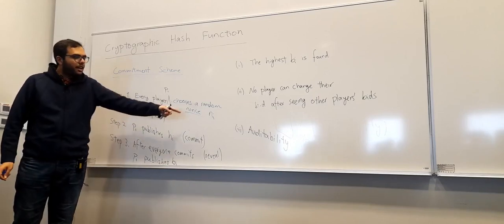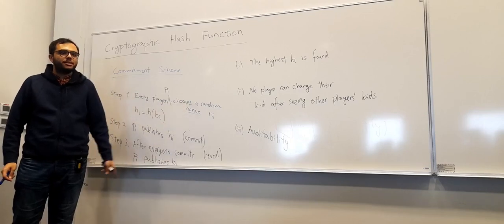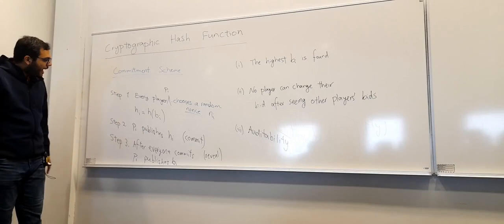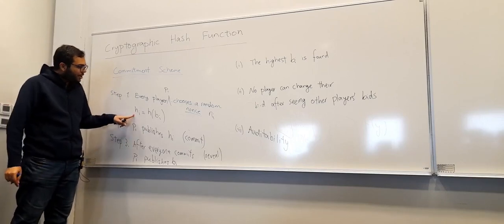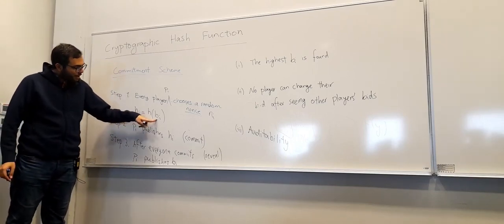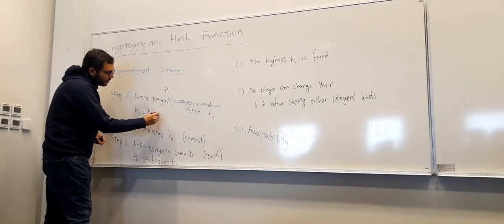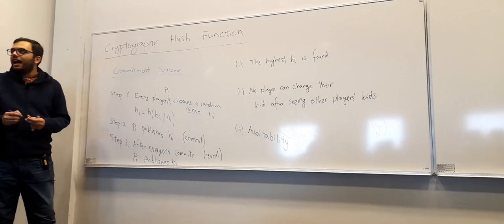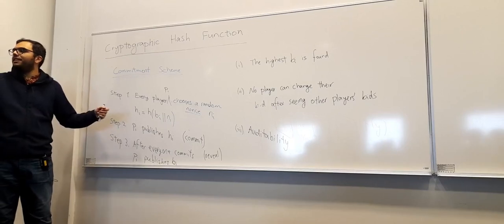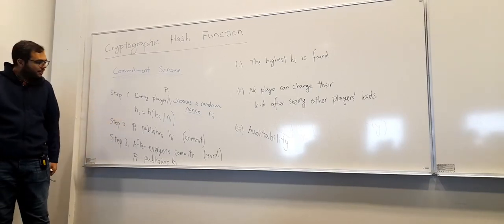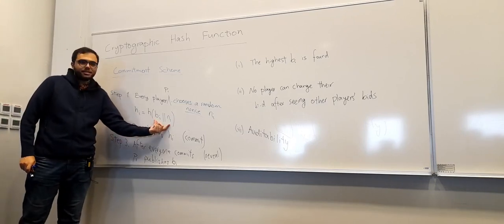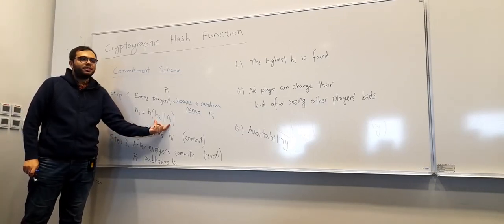So let's say this Ni is 1024 bits or something like that, or maybe even more. Okay? And then when I want to compute a hash, I don't just compute the hash of my bid. I also add this Ni next to my bid, and I compute the hash of the concatenation. Right? So now this domain is huge. So no one can brute force this.